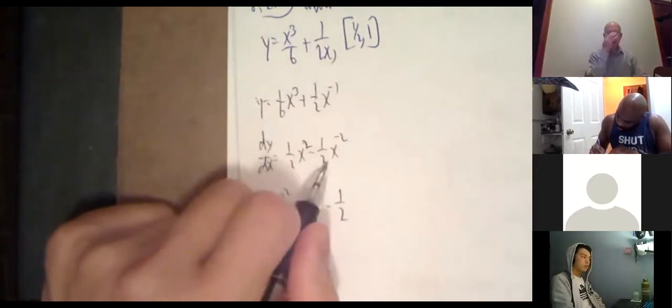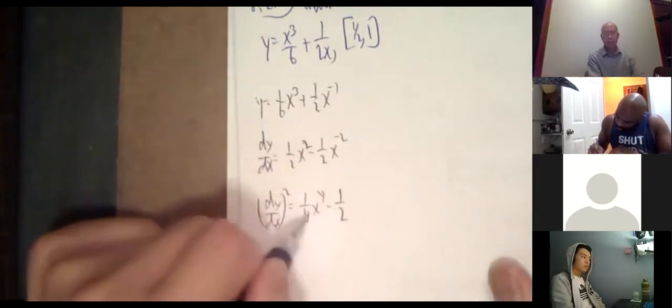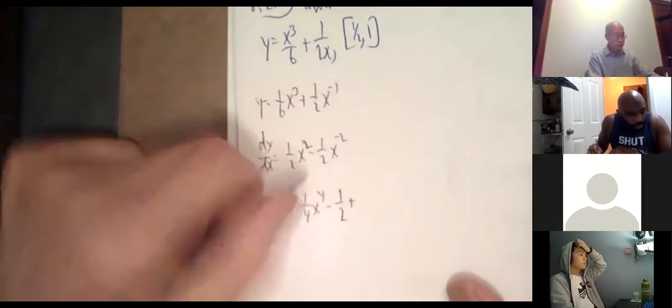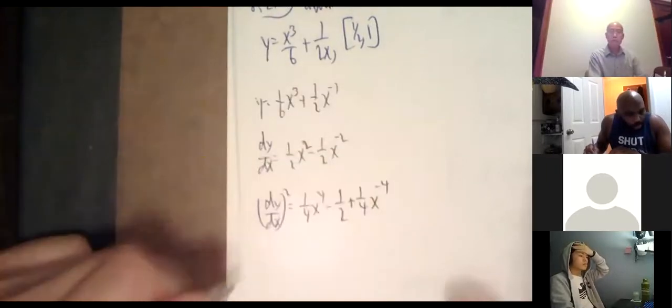X squared times x to the negative 2 is x to the 0, which is 1. So the middle term is just minus 1/2, plus 1/4 x to the negative 4.